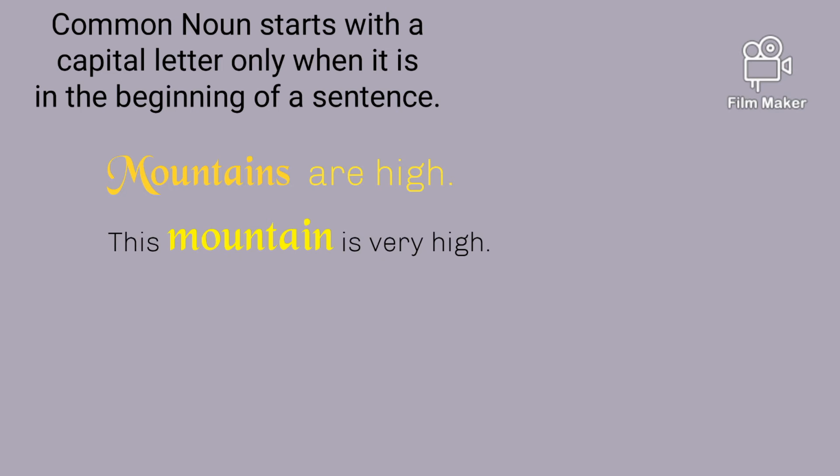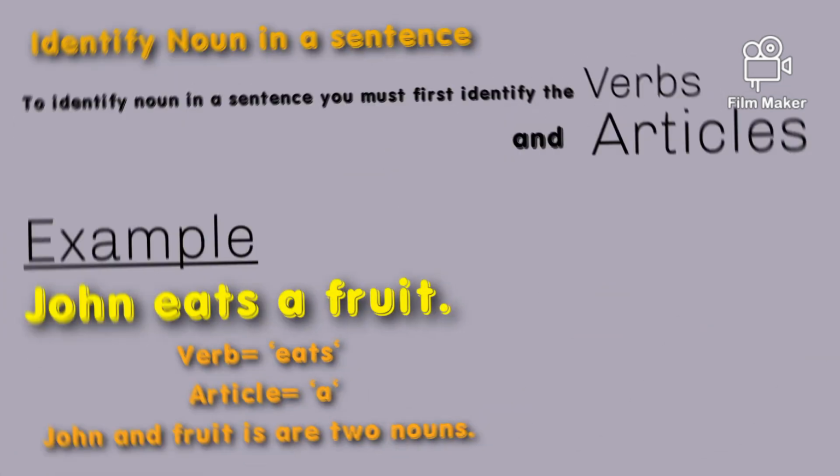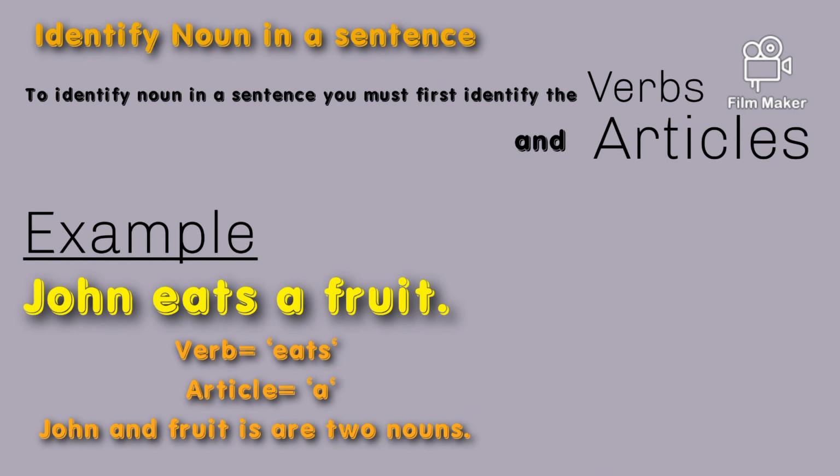But here we say mountain. Mountain means we don't know which mountain. So it's in the beginning, therefore it starts with a capital, though it's a common noun. And here, this mountain is very high. Here mountain is in the middle of a sentence, but it starts not with a capital letter. It will start with a capital letter only when it's a beginning of the sentence. That's common noun. Just pay attention to how it is in the sentence.